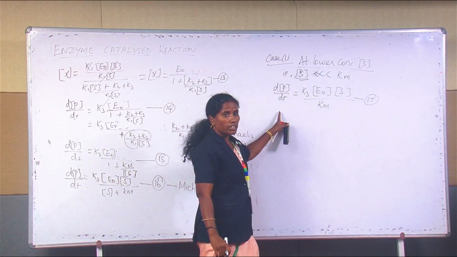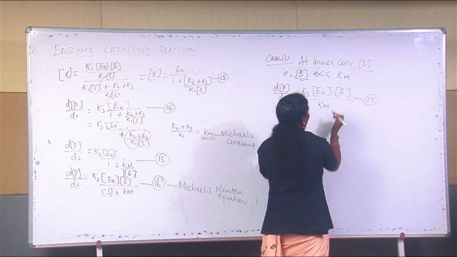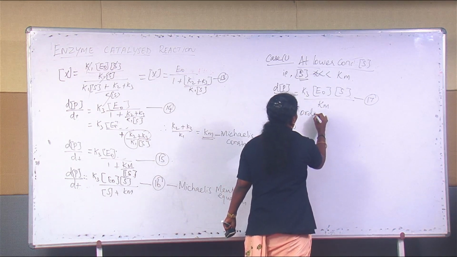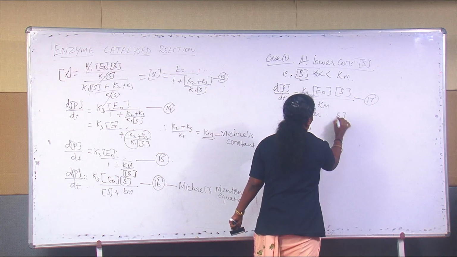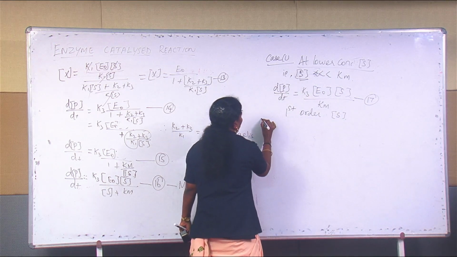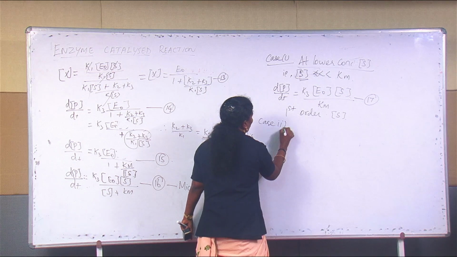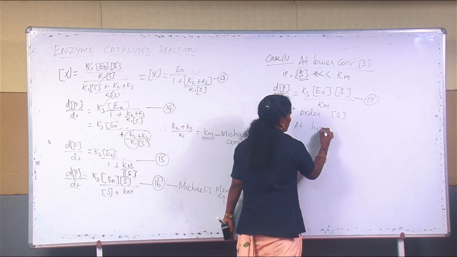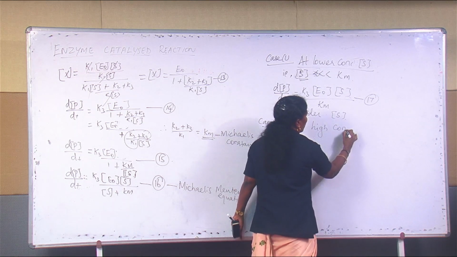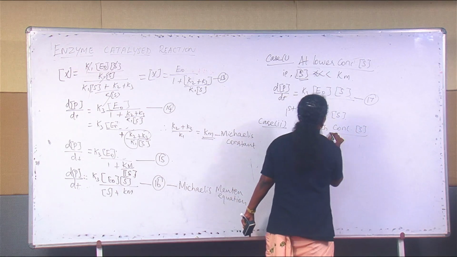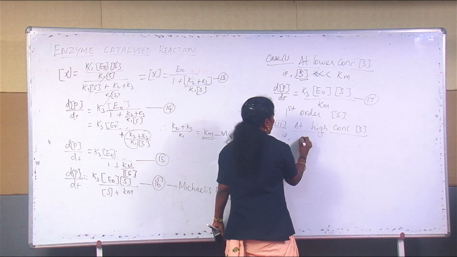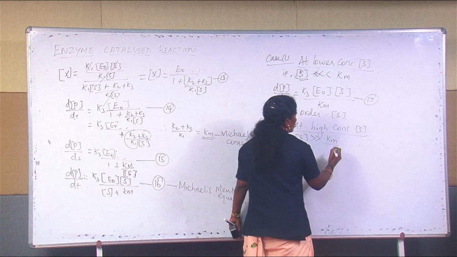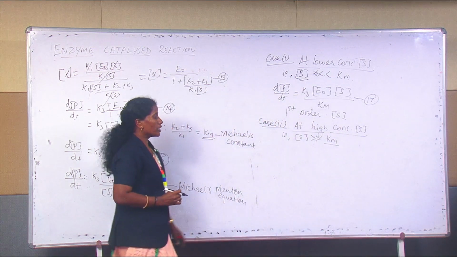Here the rate of the reaction is first order with respect to substrate concentration. Whereas in case 2, at high concentration of the substrate, the condition is substrate concentration is greater than the Km value. So in the denominator Km can be neglected.